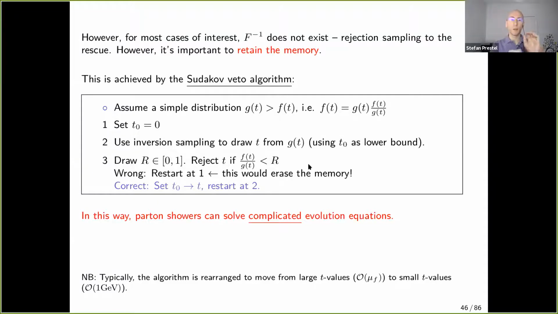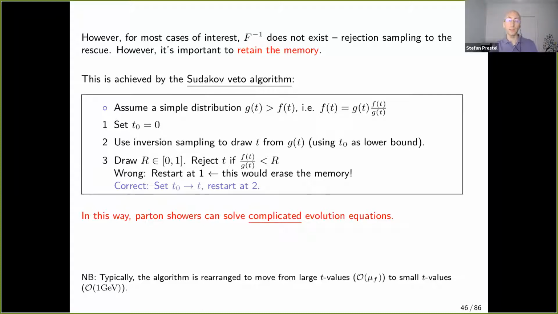Now, in the first lecture, once we rejected, we would simply restart the algorithm again, forgetting anything about the rejection or where the rejection had occurred.